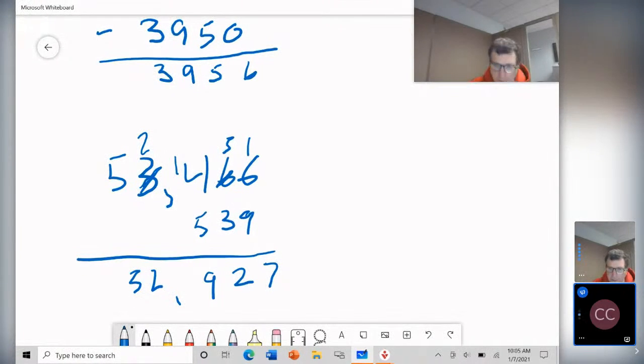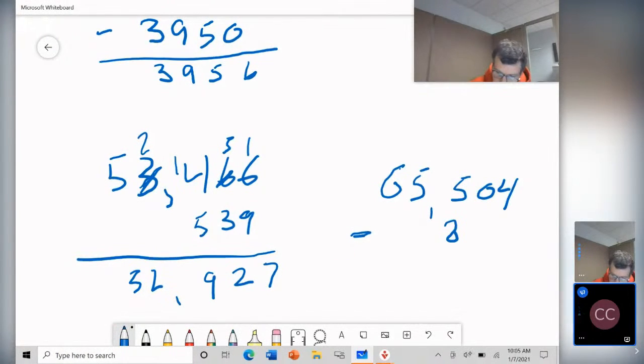Let's do one more with a 0. So we'll do 6, 5, 5, 0, 4, minus 8, 7, 4. Okay. So 4 minus 4, 0. We have the 0 right here. We know we can't do 0 minus 7. We're going to have to borrow.